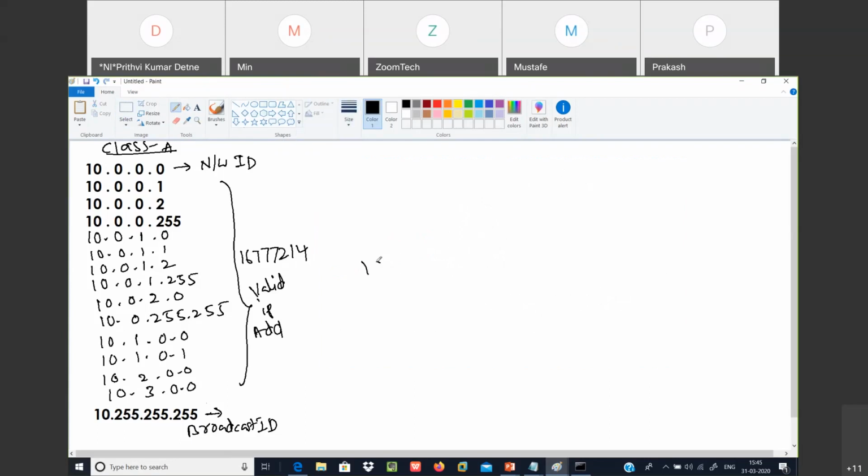Example is here: 191.168.2.19. Can you tell me what the network ID of this IP address is?